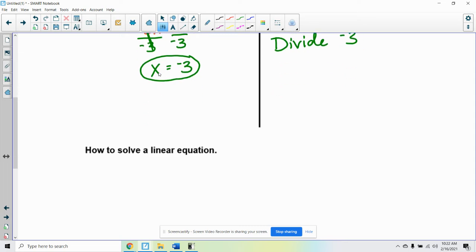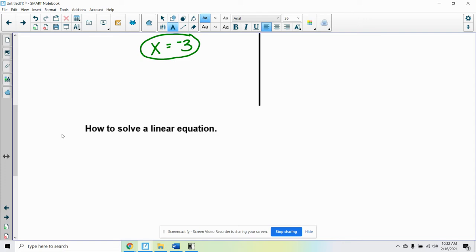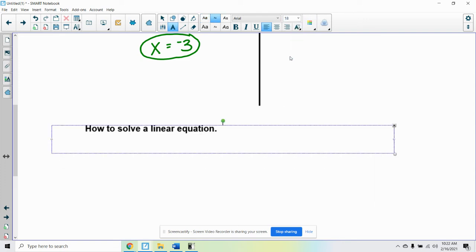Okay, so I'm just going to write out the steps just in case you need to revisit them. I don't know if you will, but so we have here, step 1. I'm going to add an extra step that we didn't do here, but we'll do on the next page.